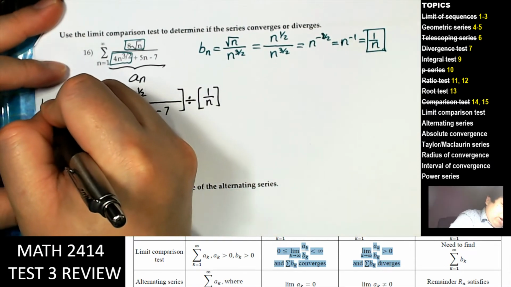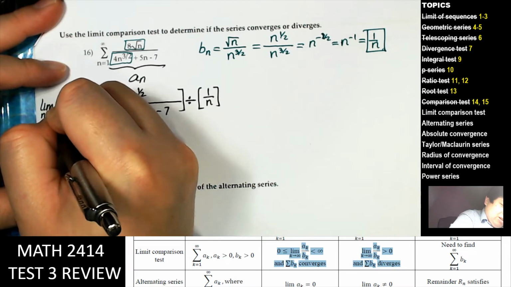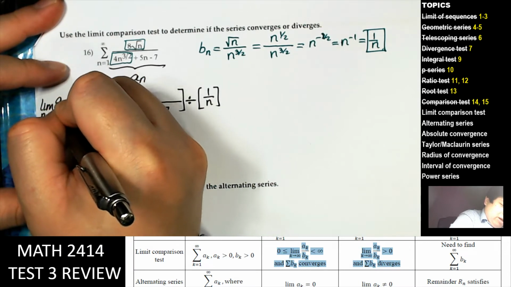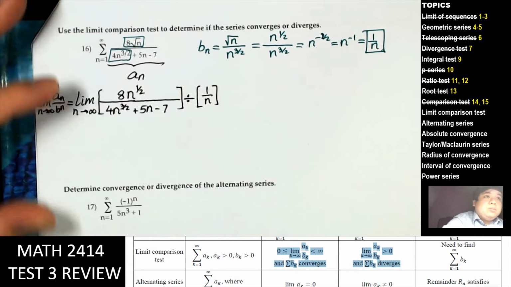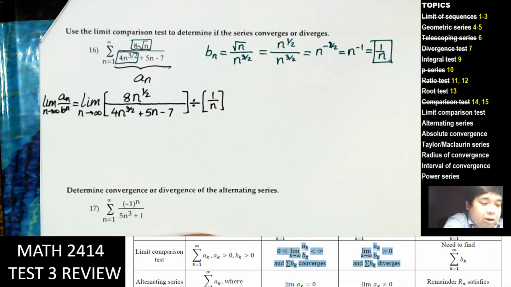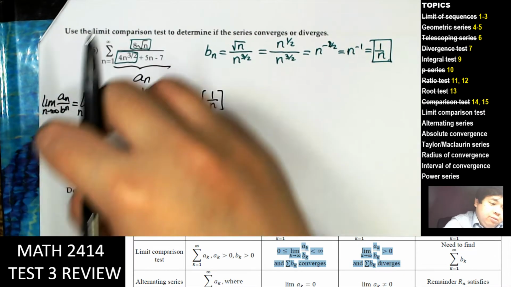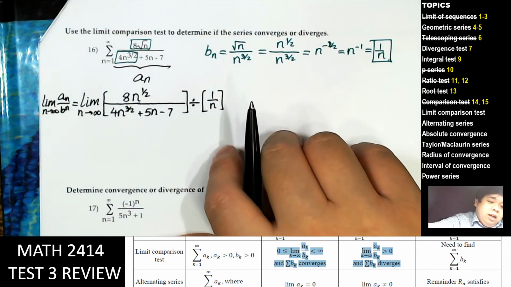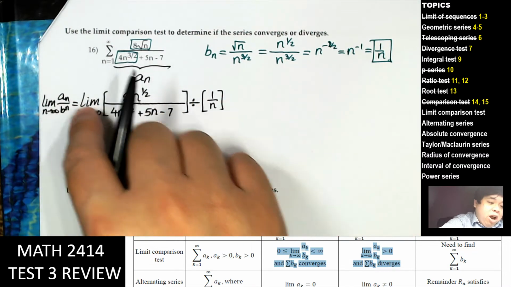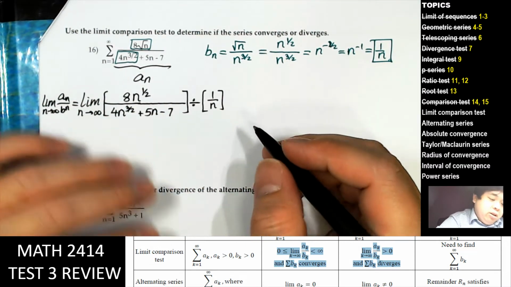So what we did was a n over b n. So that term over this term over that term. Rather than write one big fraction, I just write division.